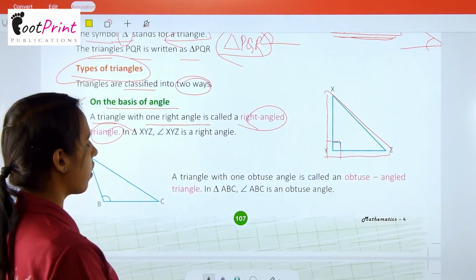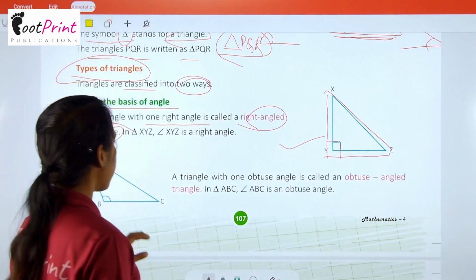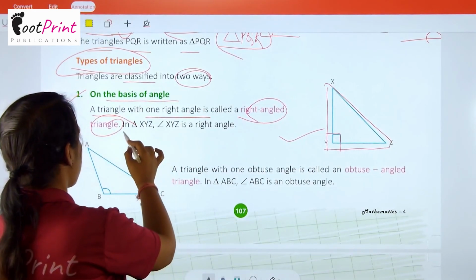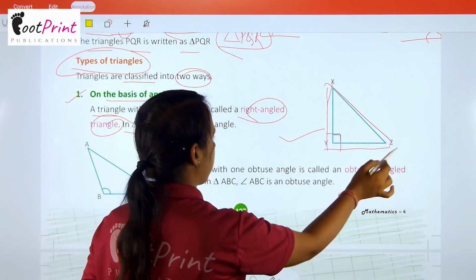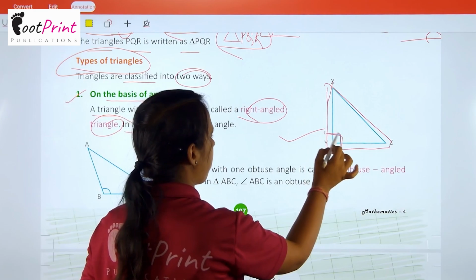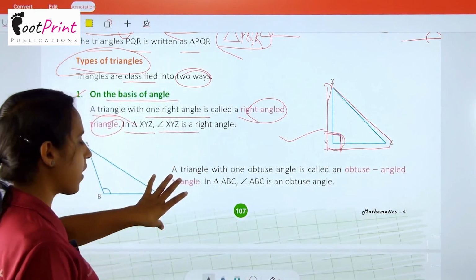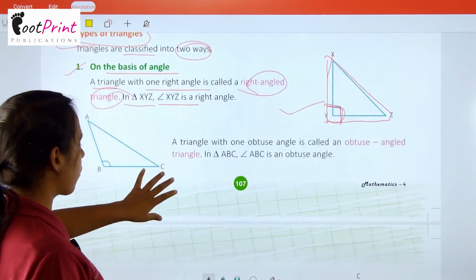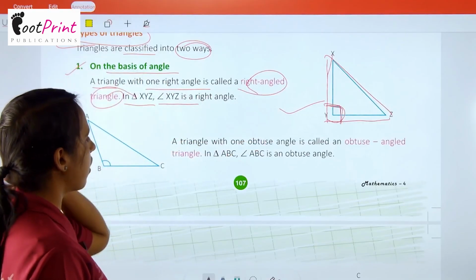So we call it a right angle triangle. In triangle XYZ, we have angle XYZ, this one Y, is 90 degrees or a right angle. So that's why this triangle is a right angle triangle.